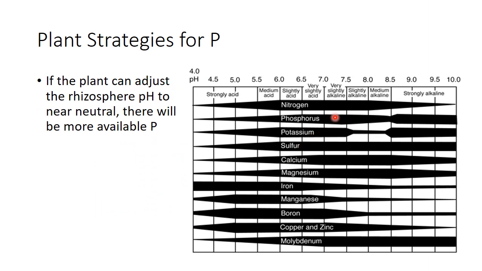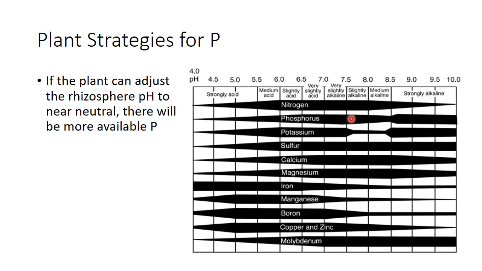And for phosphorus, in terms of pH, you'll notice that as we get more acidic, so a pH of less than 5.5, there's very little phosphorus available, and that's because phosphorus becomes bound up by iron and aluminum. And then at a pH of say 7.5 to 8.5, phosphorus becomes less available because it is precipitating with calcium.